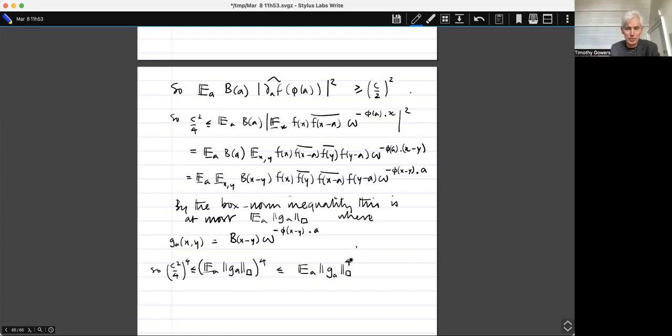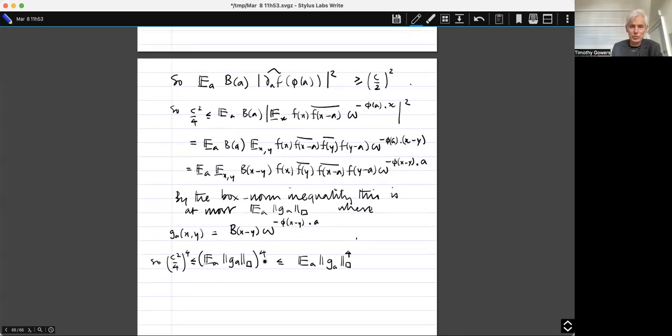I did that because I know how to expand the 4th power of the box norm, but I didn't know how to expand just the box norm itself.